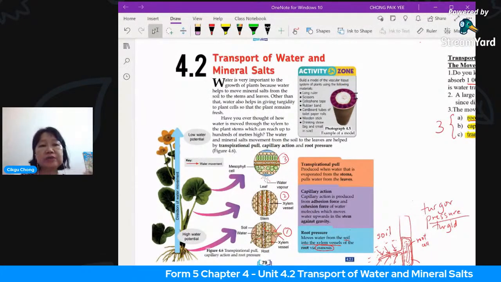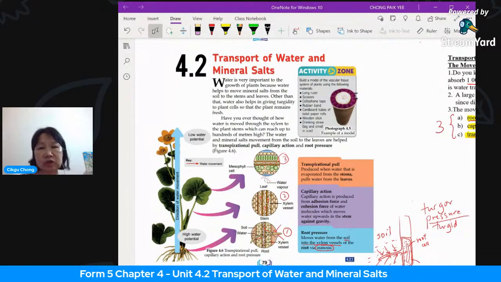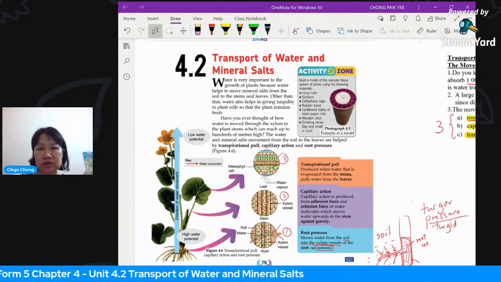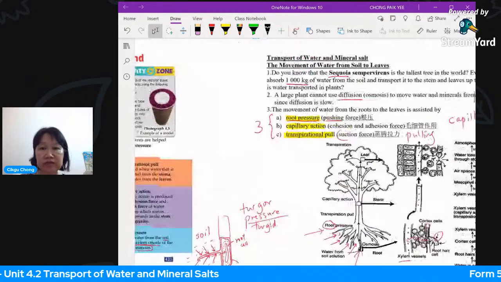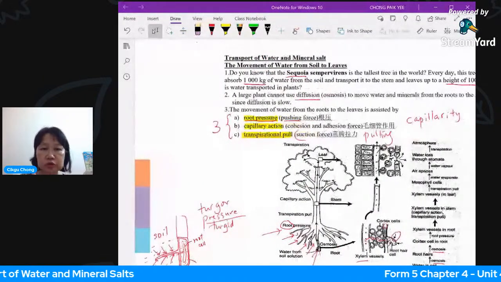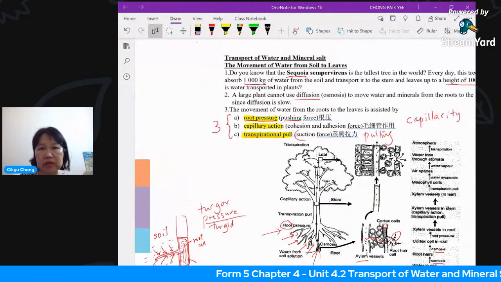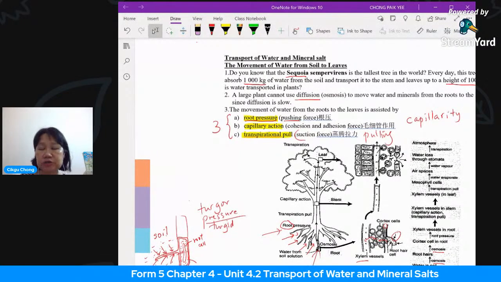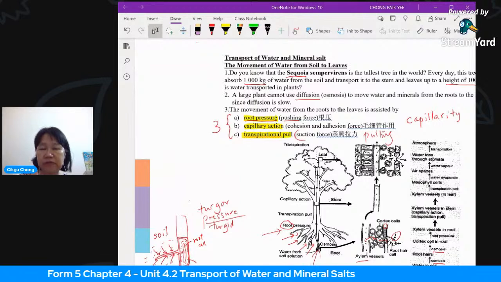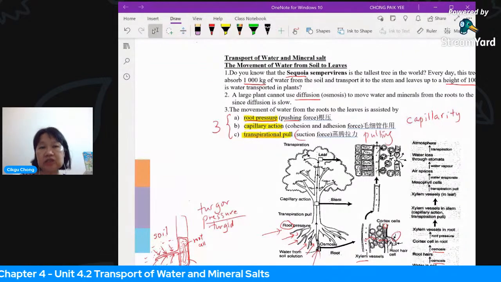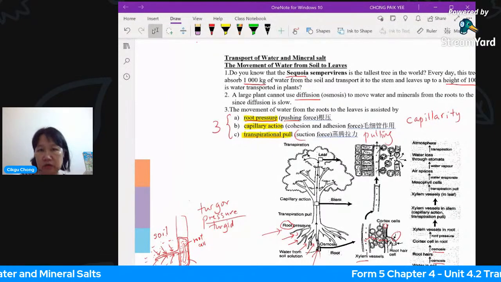It doesn't matter how tall the tree is. It can be 100 meters tall. The tallest tree in the whole world is the sequoia tree, found in California. It is able to pull up the water to the very top. This force of pulling the water up is strong enough for a short tree, and also strong enough for a tall tree.